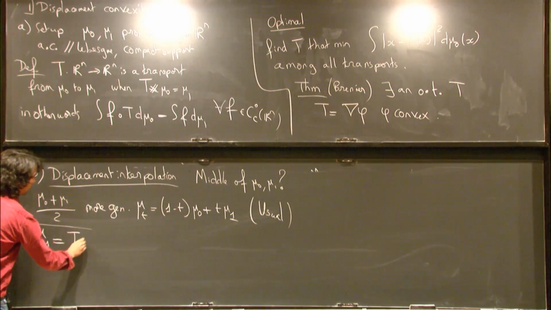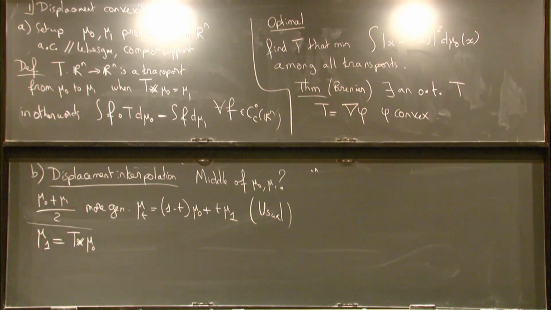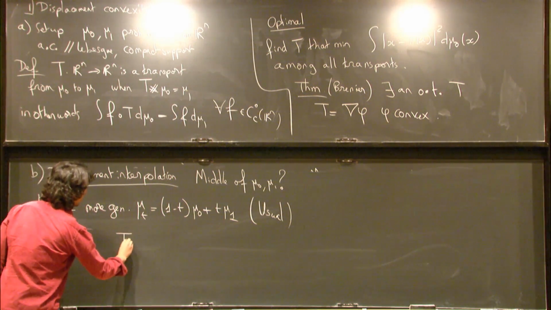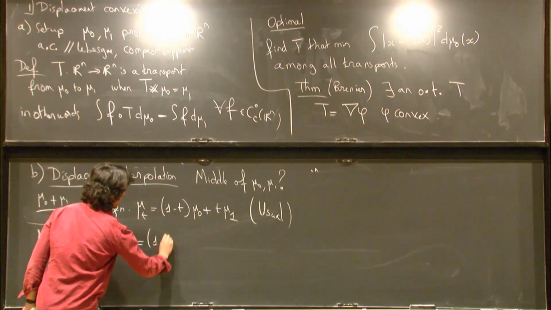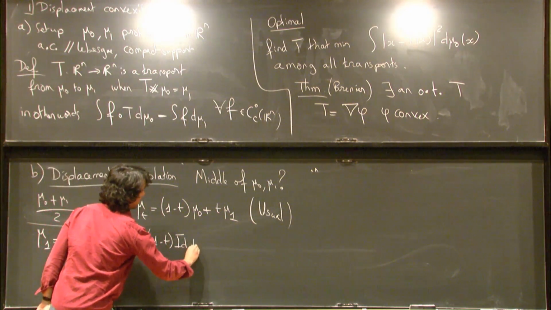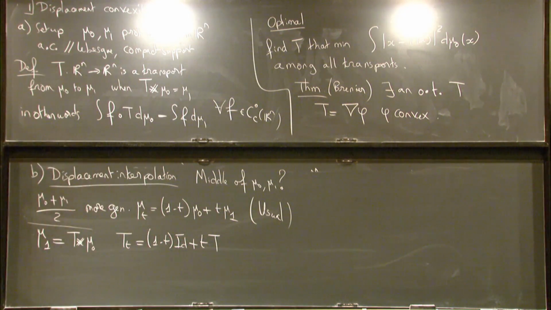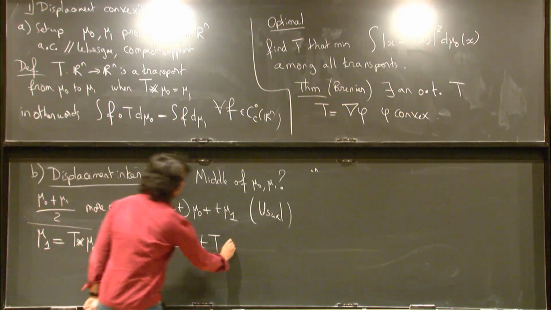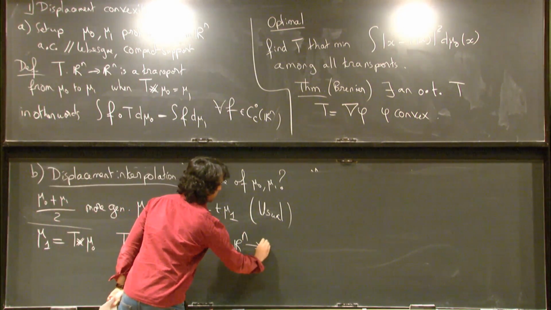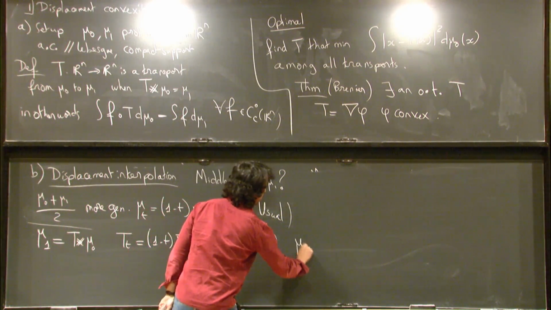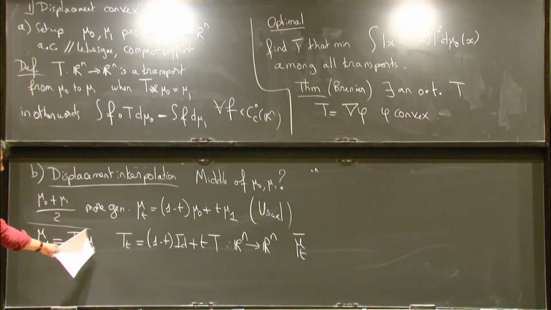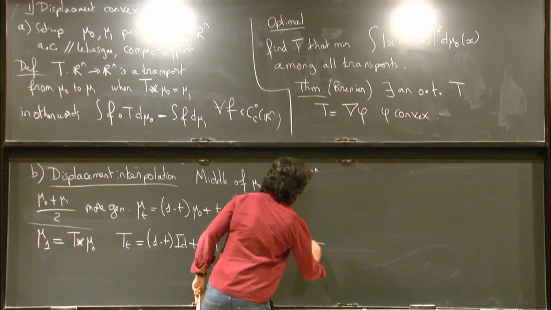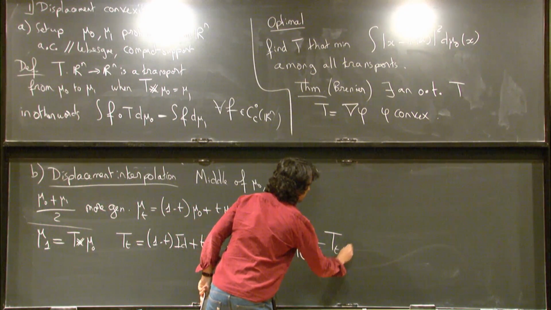If mu1 is obtained from mu0 by transport T, you could look at T_t, which is this map from R^n to R^n, and then define mu bar t as the push forward of mu0 by T_t.